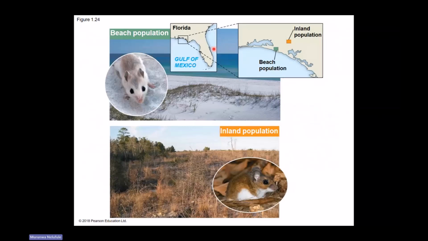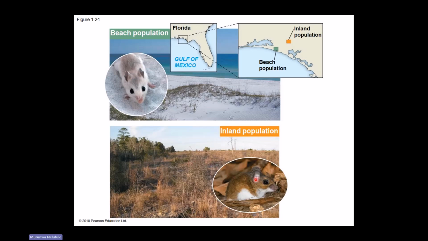This will be the beach population, and this will be the inland population. I know ladies are going to say it's not really white, but for the clarity of what we're talking about, let's just say it's white. And this one, I know I'm color blind, is brown or dark brown.